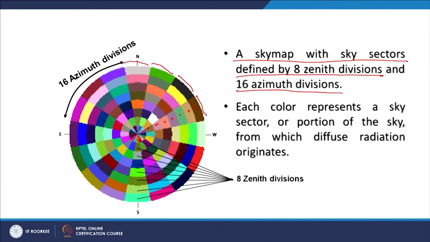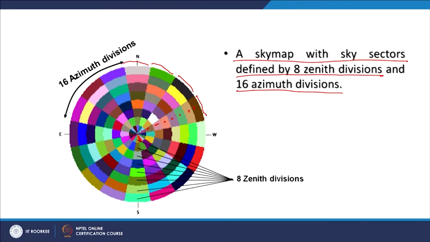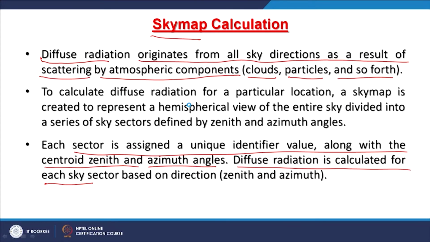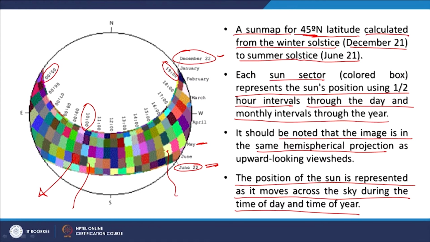Each color, as you are seeing in the left image, is a sky sector or a portion of sky from which diffuse radiation originates. And just recall that when we were discussing direct radiation, we had a limited hemispherical projection because direct radiation is not available from all directions.